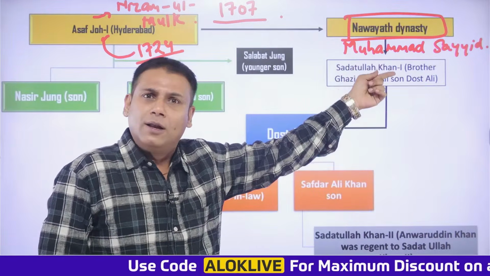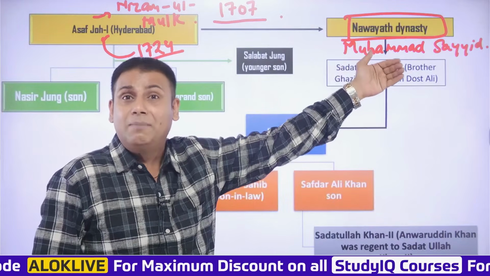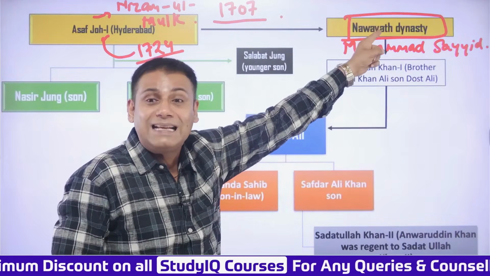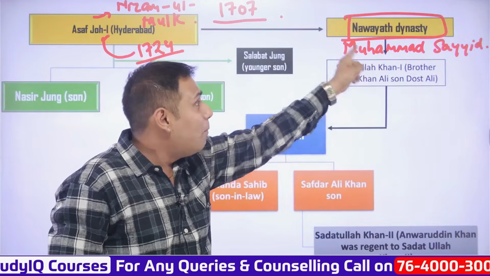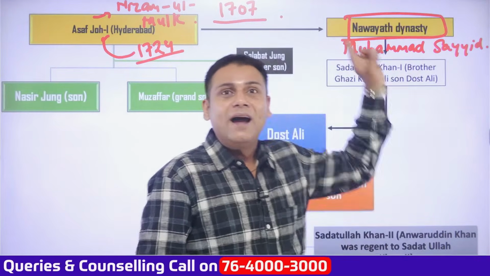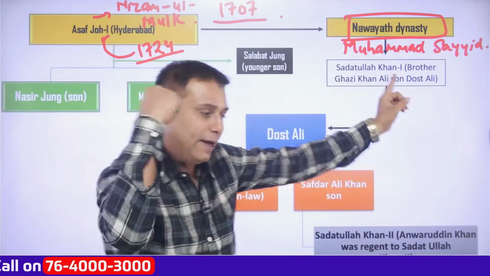He was very loyal, so he was told he could govern the entire region of Carnatic independently. So a new dynasty was created in Carnatic, referred to as the Navayath dynasty, and Muhammad Sayyid was given the title Sadat Ullah Khan by Asaf Jah. Clear till here? Moving ahead.